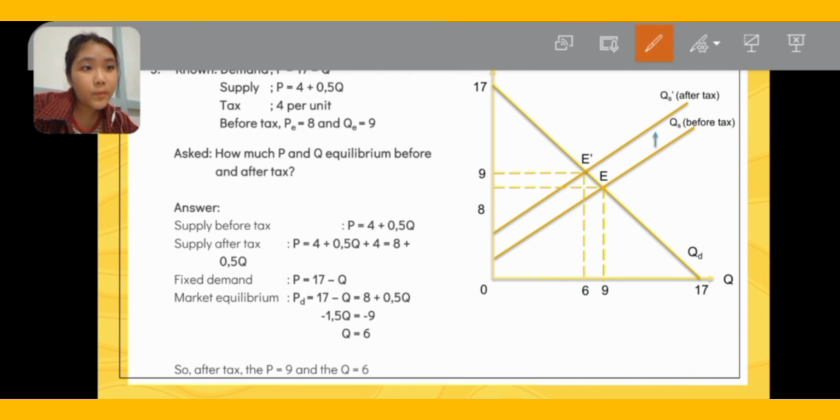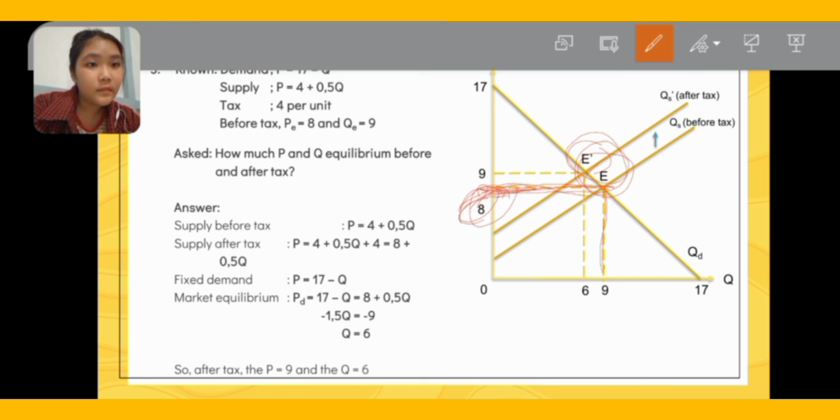I also made a curve for this case. You can see here the equilibrium points. Here is 8. I'm sorry, I don't know why the 8 is here. This one should be here, straight with the line.